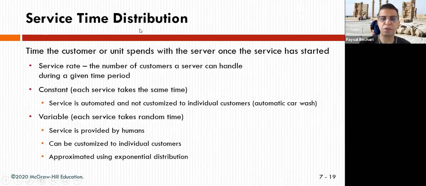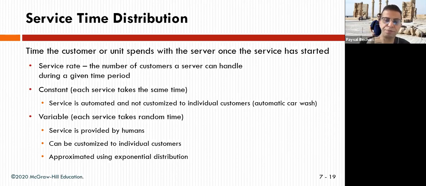The service time distribution is the time that a customer or unit spends with a server once the service has started. So it's basically the service rate, the number of customers a server can handle during 1 hour or 2 hours, or this period of time. Now, it could be a constant, where each service takes the same time, like 10 minutes, 10 minutes, which is easy to calculate.